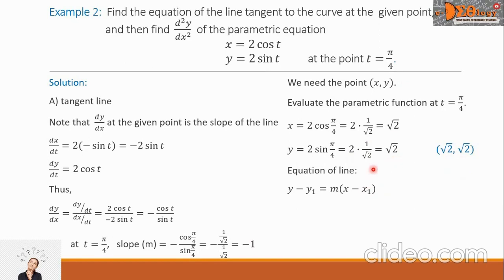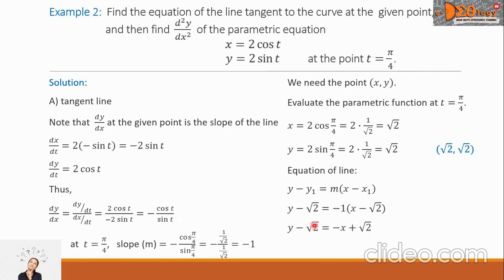Now for the equation of the line, we have this standard form, y minus y sub 1 equals m times the quantity x minus x sub 1. Substituting the corresponding values, we have y minus square root of 2 equals, the m now becomes -1, times the quantity x minus square root of 2. Simplifying the right side, we have now -x plus square root of 2.